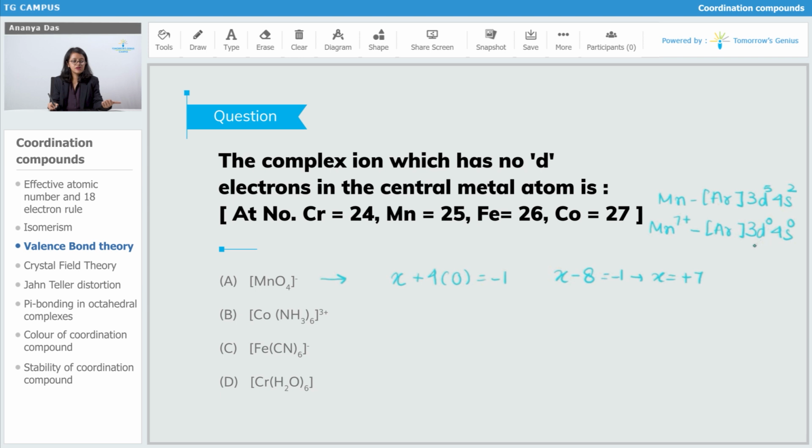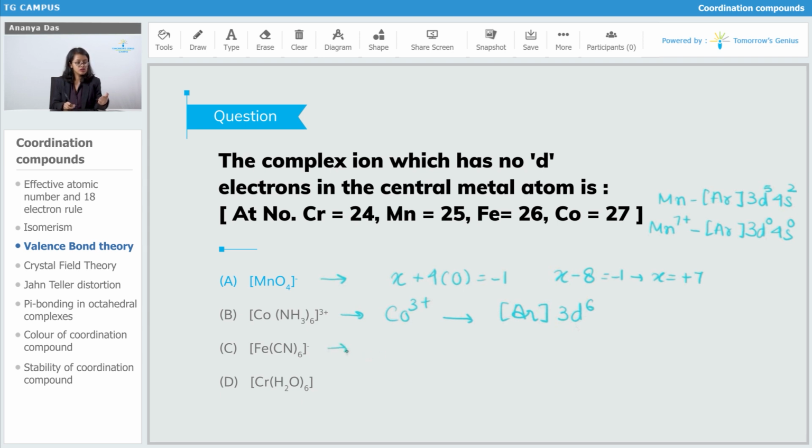So manganese is the one which has no d electrons, that is, this complex will have no d electrons in the central metal atom. Let's see if it's true for the others also. This one we already have done. In this we got a Co3 positive, and we know that it has the configuration Ar 3d6. So no, it does not have 0 d electrons in the d orbital.